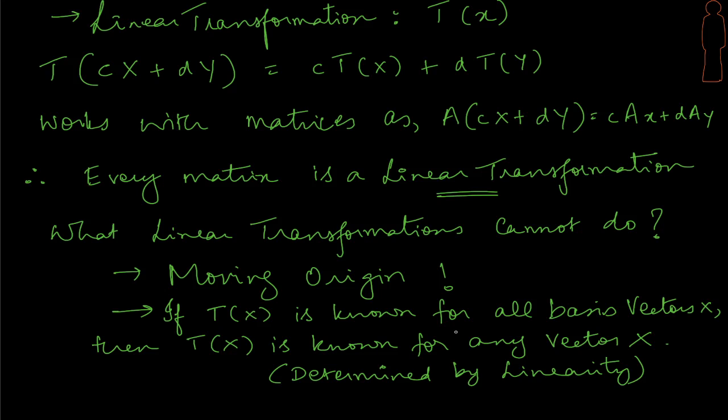Now that we know every matrix is a linear transformation, you can attempt it: pick up any matrix, put in the origin, and see where you can transform it. It is going to be impossible to move the origin.